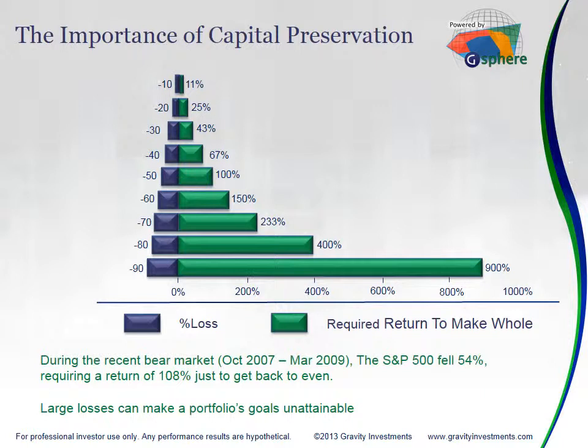That offsetting 50% return, to lose 50% and then make 50%, is going to leave me at 75% of my initial investment, down 25% from where I started. And you can see the worse the loss, the greater the return necessary to protect your money and get back to even.